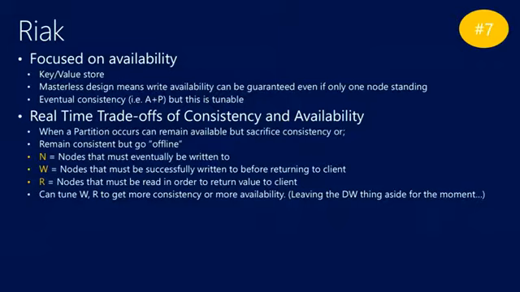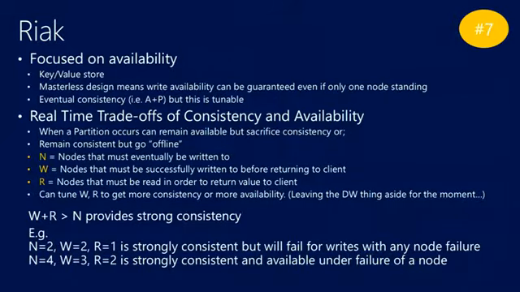And it does that by letting us tune these properties, W and R, which are the number of nodes that must be written to by an operation before we return to the client, and the number of nodes that must return a consistent read before we return to the client. By tuning those two, we can provide strong consistency, i.e. when I write the data and then read it, I'm definitely going to get back what I wrote.